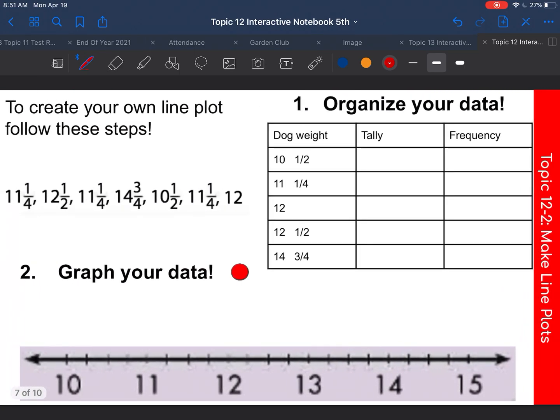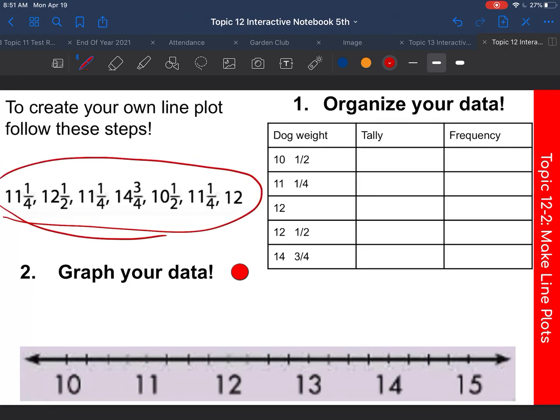So what I want you guys to do is do this next one by yourself. You're going to do the same thing. There's this data right here, okay? And there are all of these data points. You're going to tally them, and then you're going to write the number frequency it is. And then you're going to graph the data.